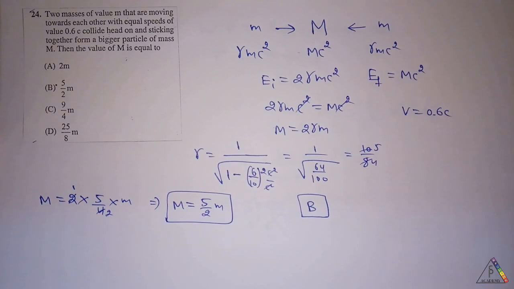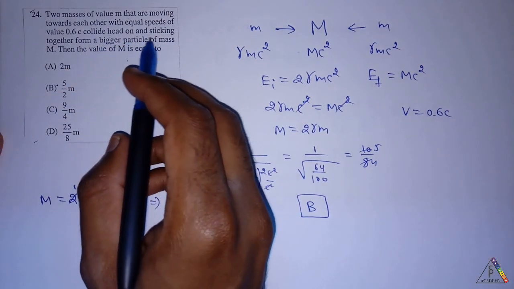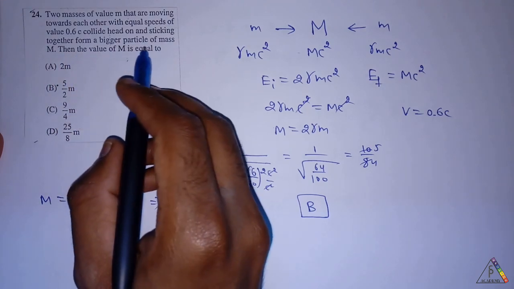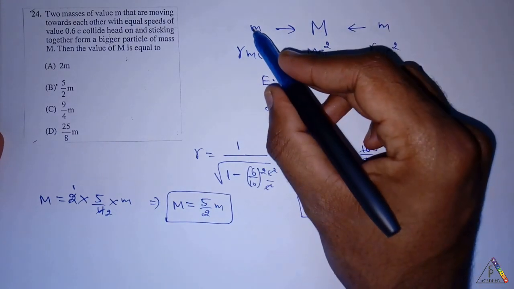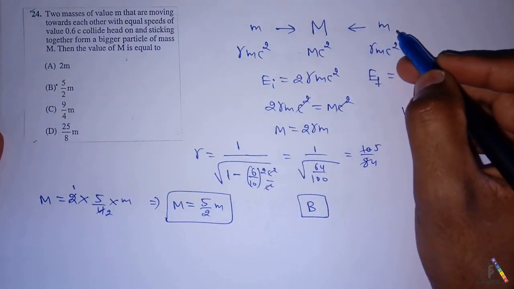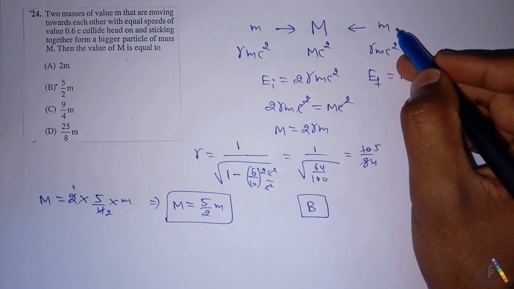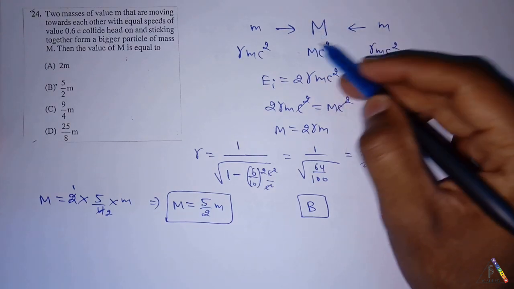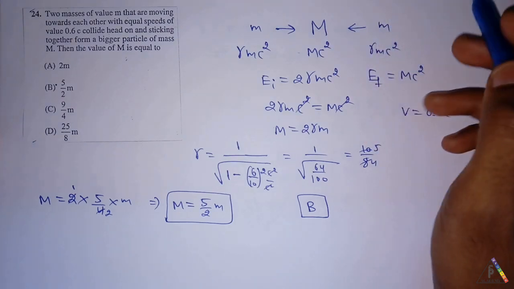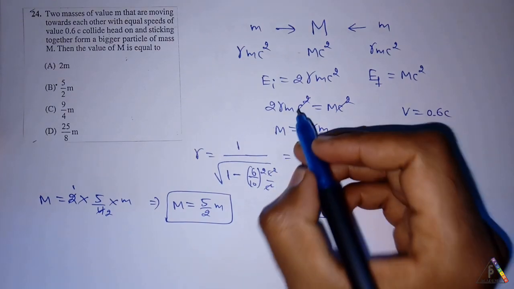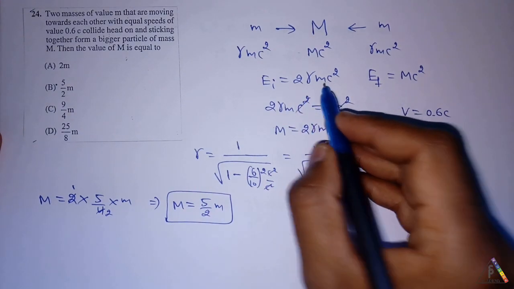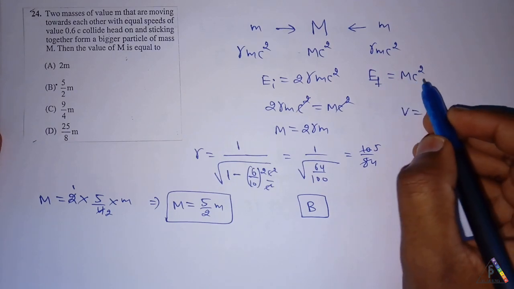Next question is, two masses of value m that are moving towards each other with equal speeds of value 0.6 c collide head-on and stick together to form a bigger particle of mass M, then the value of M is equal to. These two masses of small m collide head-on and stick together forming a mass of capital M, and by the law of conservation of energy, initial energy E_i equals 2 gamma m c square and final energy E_f equals M c square.